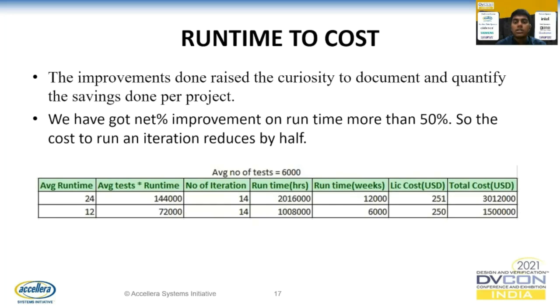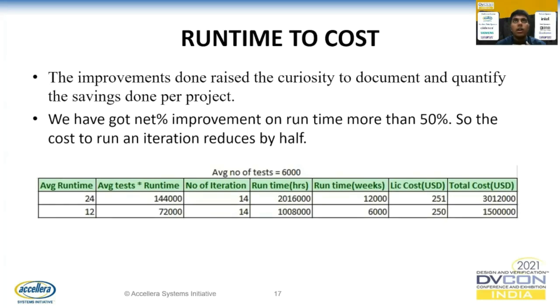Typically, we come across SOCs with an average of 6,000 test cases running for an average time of 24 hours. During the whole cycle of the project, we typically run around 14 iterations of centralized regression.